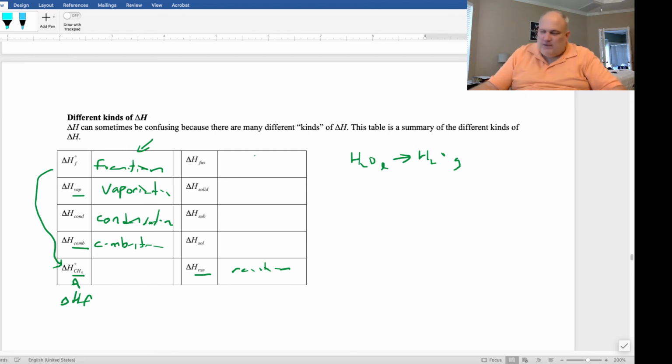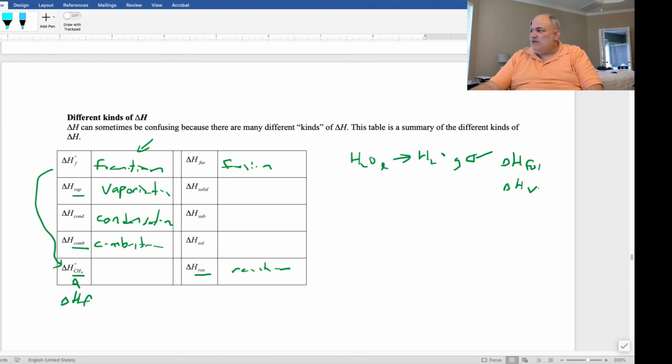Now, change in enthalpy of fusion. By the way, you may have seen these in the previous video, and incidentally, when we did this, like H2O liquid going to a gas, we saw this when we did the heating graphs the other day, where we saw the change in enthalpy of fusion and we saw the change in enthalpy of vaporization, right?